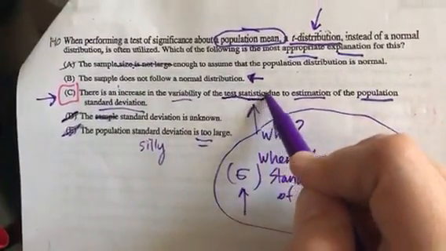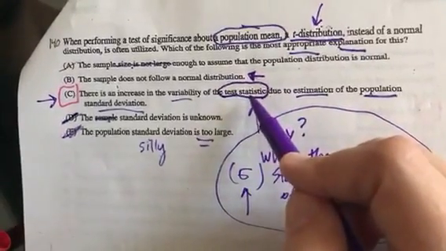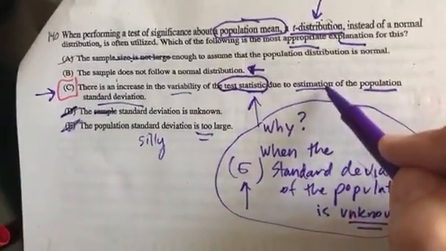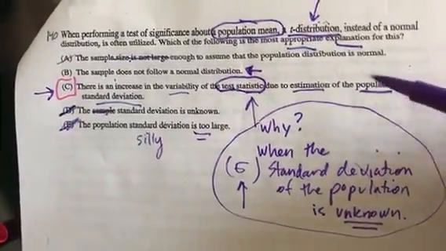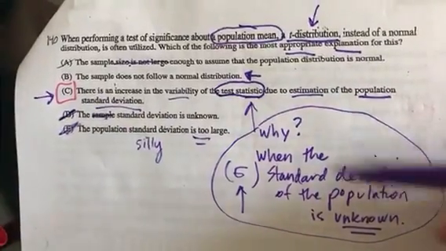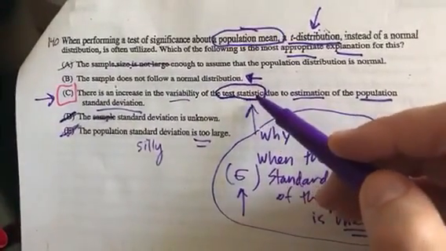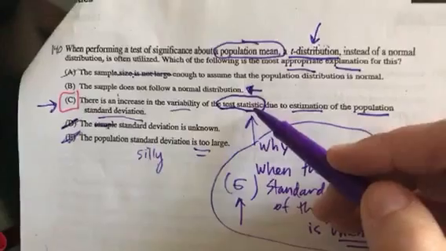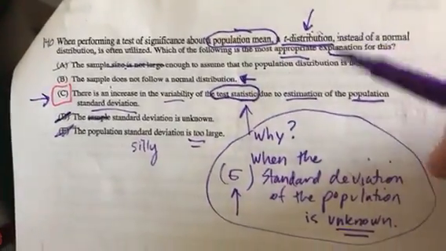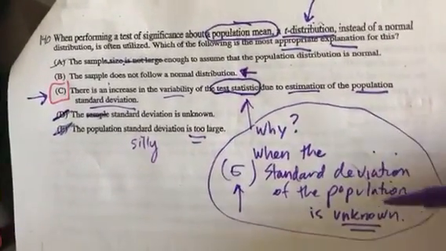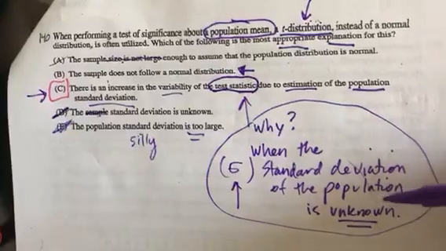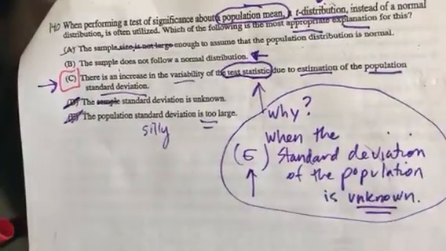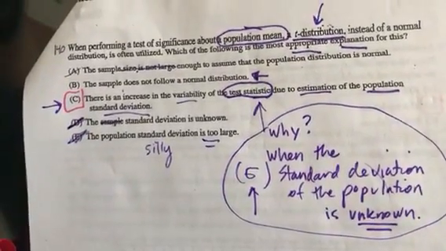And the whole point of your experiment is to come up with a test statistic. So when we go about estimating this population standard deviation, we are increasing the variability of the test statistic. We do it anyway because that's what we have to do when we don't know the population's standard deviation. That's all we have.